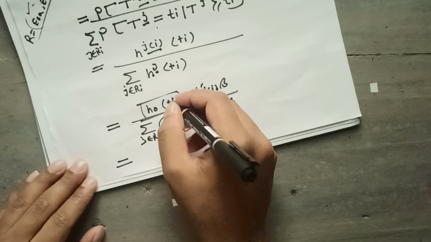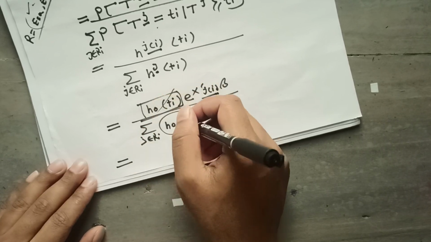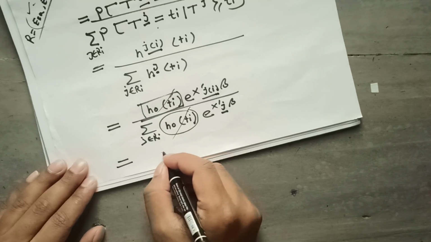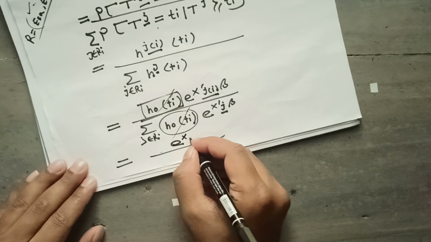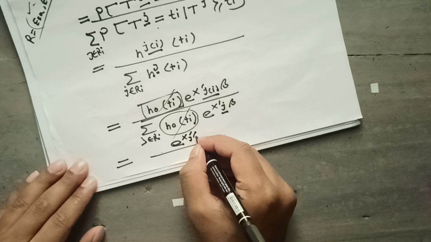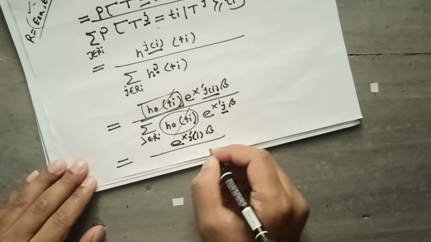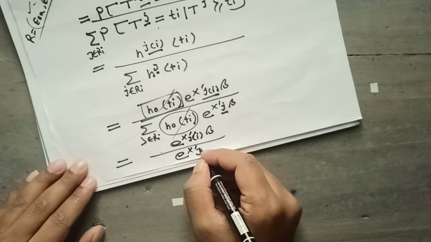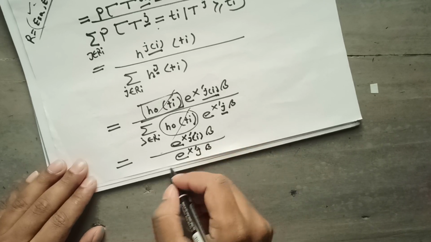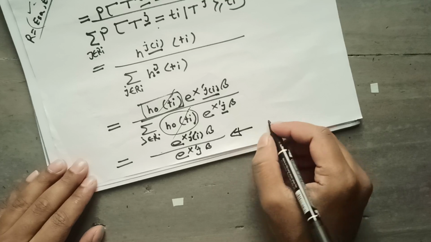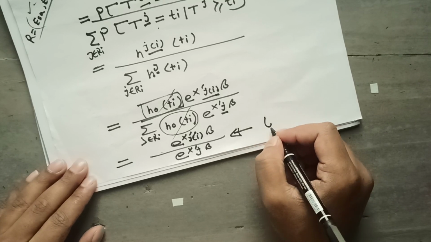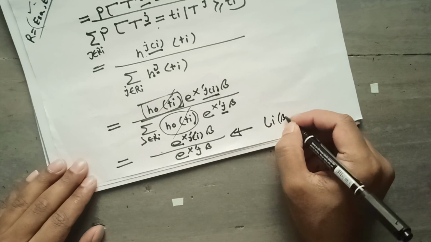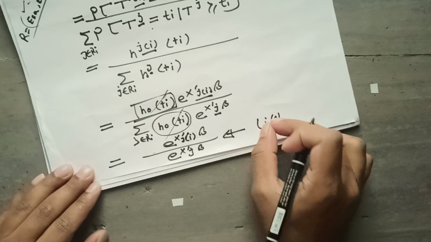Because this is a baseline hazard, it's a constant. So for both the denominator and numerator, we can cancel these parts. Then we are left with e to the power x prime Ji beta over the sum of e to the power x prime j beta. So what is this? This is actually Li beta. So we found Li beta.